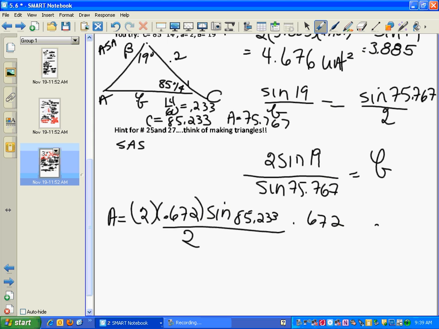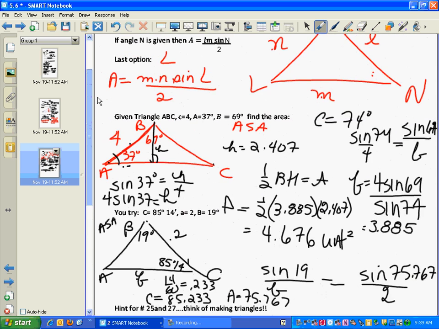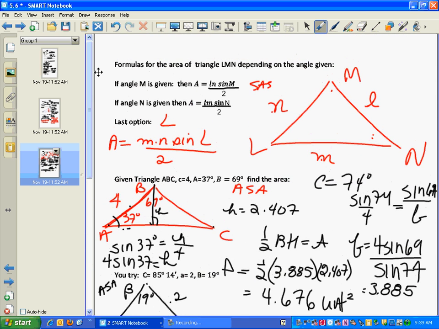Marielle, does that make sense? So go back and look at your formula. Let's go back up to the top. If angle M is given, it's the two sides surrounding it that you multiply, and you take the sine of that angle.